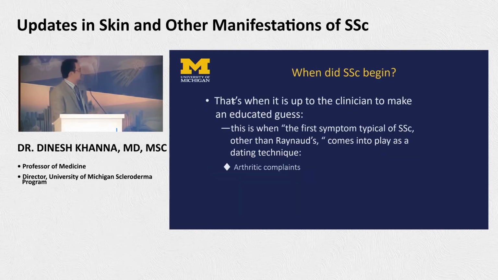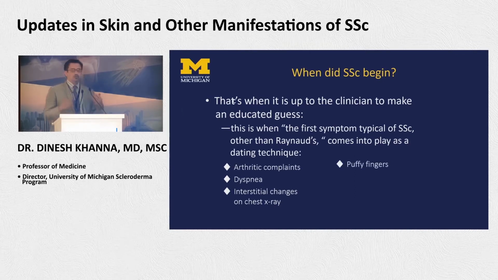And this is what we use, an educated guess: when the first symptom typical of scleroderma other than Raynaud's comes into play. So the questions I ask: inflammatory arthritis, dyspnea on exertion, if they ever had a chest X-ray or HRCT, was there any interstitial lung disease? The most common symptom is puffy fingers.